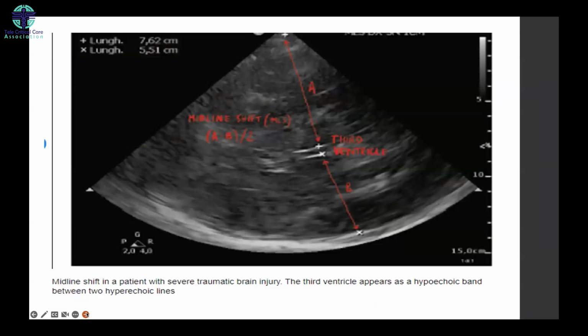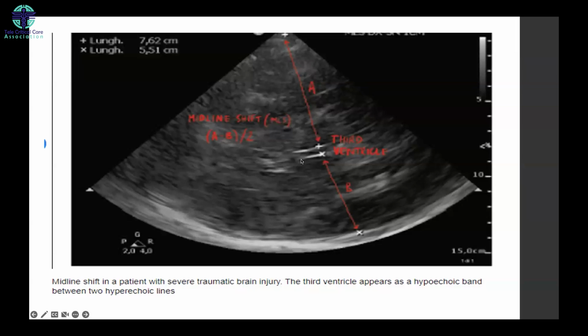Once we place the ultrasound probe in the transtemporal window, in the diencephalic plane you can see the third ventricle. So you have two parallel lines which are 10 millimeters apart, filled with the CSF. Now this marking of A is the distance from the ipsilateral temporal bone to the third ventricle, and B marks the contralateral temporal bone to the third ventricle.